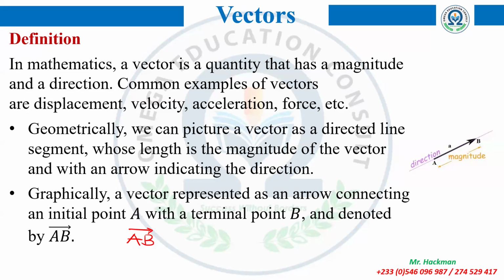The direction of your arrow will tell you your initial point and your terminal point. I can equally do this, though usually we give the direction this way, moving from left to right. But if you see this, take note, it's also telling you that the initial point here rather is B and the terminal point is A. That was just by the way.